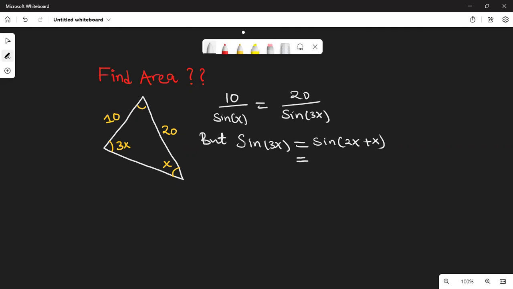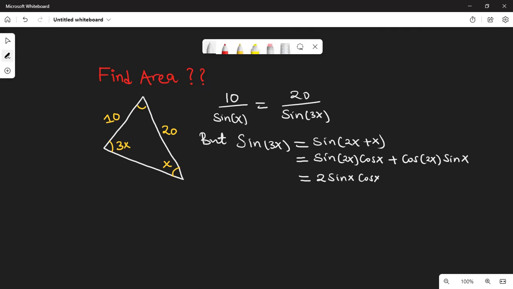So this can be written as sine 2x cos x, then plus cos 2x times sine x. But I need to know what is sine 2x in terms of x. Sine 2x is the same as 2 sine x cos x.